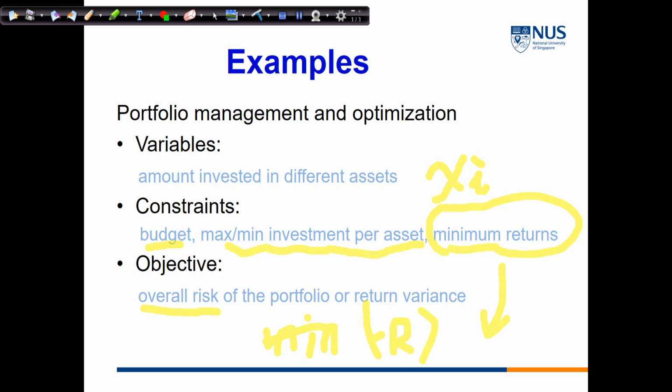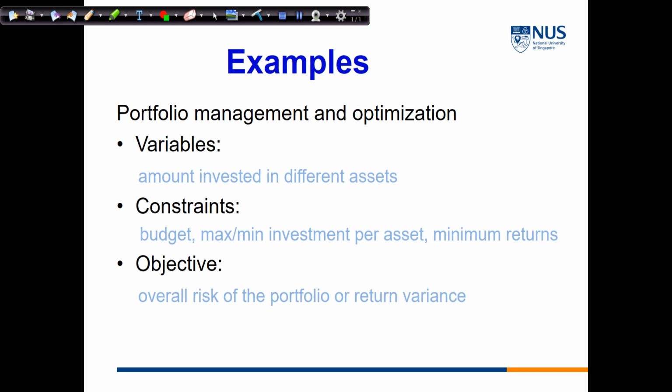So you can also formulate this and put the risk as a constraint, because if you still want to manage a reasonable portfolio, you always have the risk criteria considered. It can be that the total risk has to be smaller than a certain value. So this is a commonly used financial example.